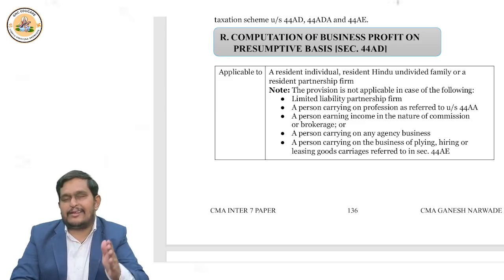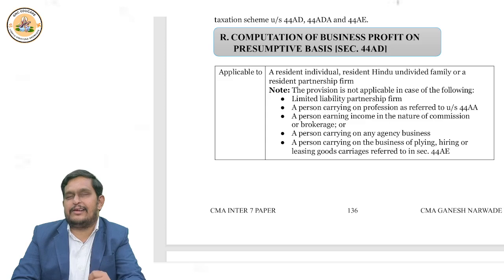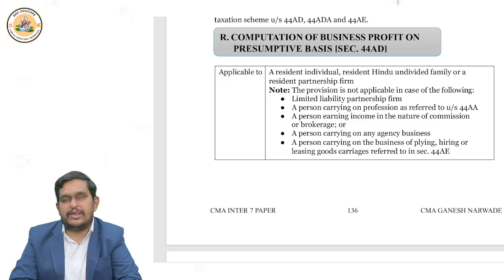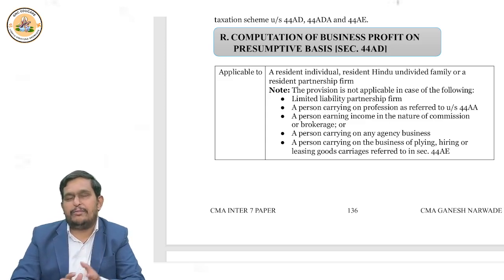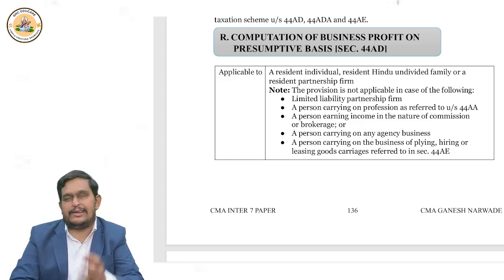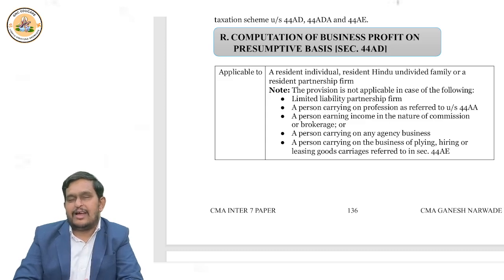Till now, whatever sections we discussed talk about computing your business income in one way, which is the perfectly normal way. But for a small businessman, is it actually possible to remember so many sections, so many intricacies, and compute the business income with an understanding of so many conditions?